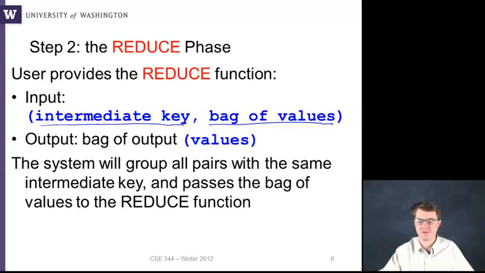The grouping into this bag of everything that shares the same intermediate key is handled automatically by the system. So the system will group all pairs with the same intermediate key and then pass that bag of values to the reduce function. Whether this is actually handed to you as a bag or as an iterator, if you're familiar with that term, that you can step over, is implementation dependent, but it's not important to think about. It's a collection of values.